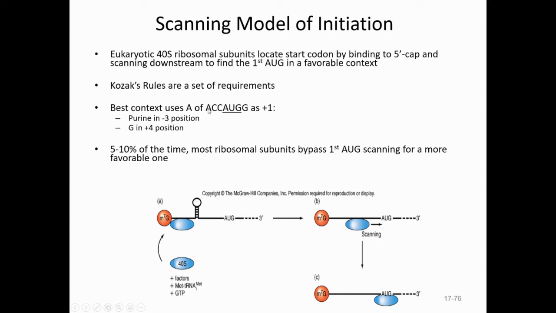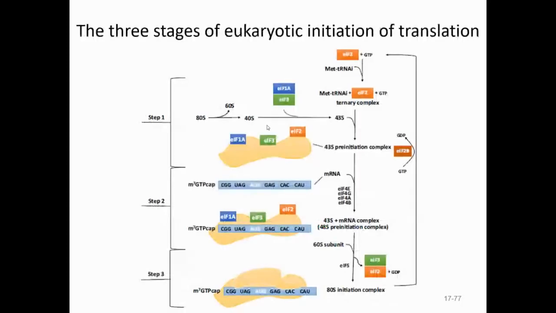A purine is either A or G. And there is a G in the fourth position, +4. This rule helps the ribosome identify the AUG start codon. Remember, -3 will be a purine, either A or G, and +4 must be G. That's how they identify the start codon in the eukaryotic cell.